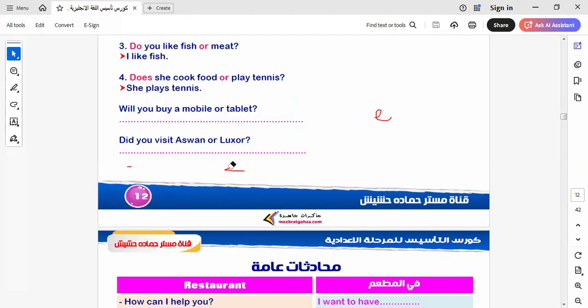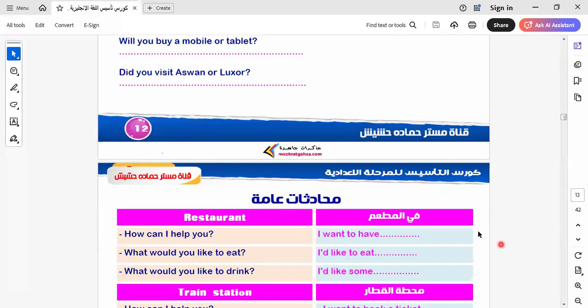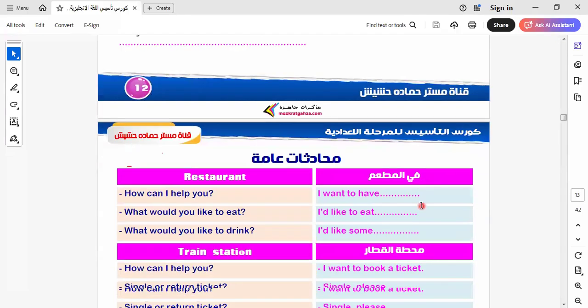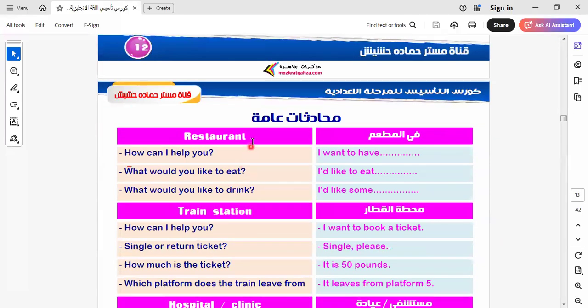Let's go to another item in this part of our course, which is the public conversation in places. When we go to a restaurant, we have expressions.